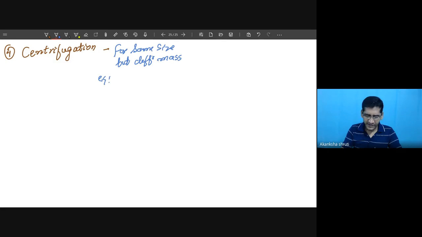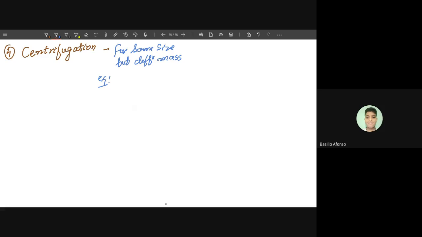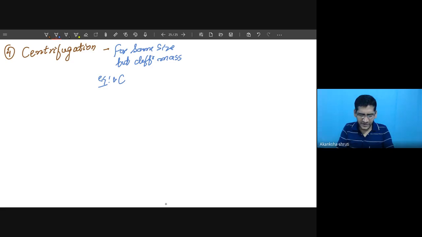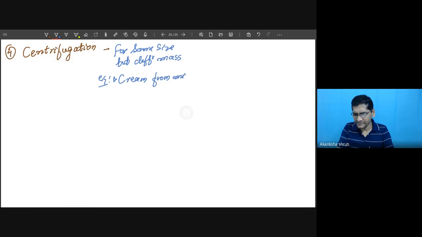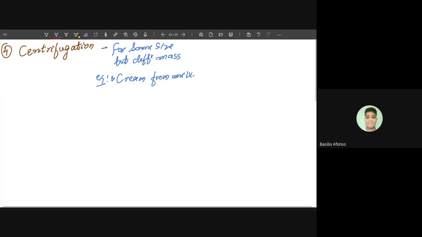Examples, there are so many. The cream from the milk is obtained by this. So write down the first example, cream from milk. Sir, separating blood.